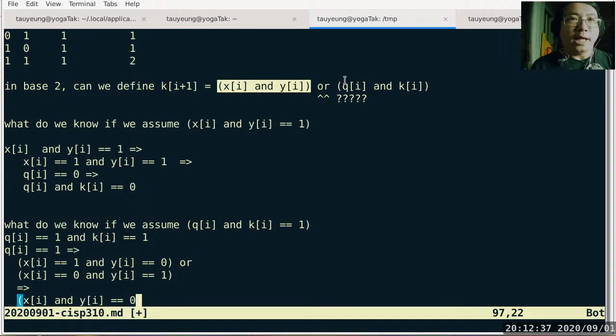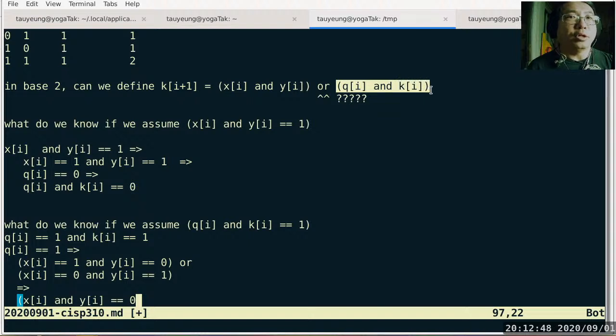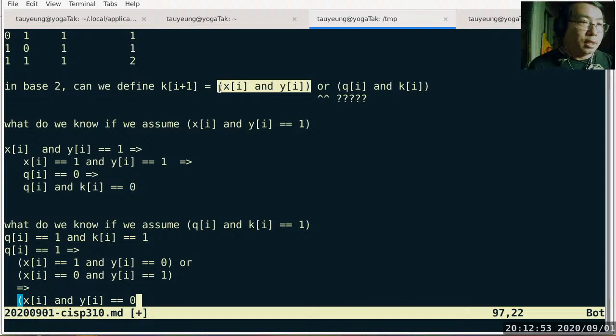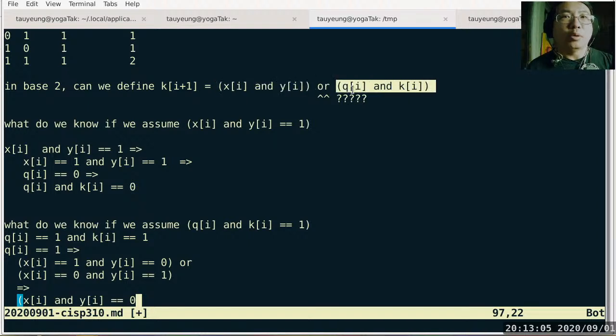Because we already said what happens when xi and yi is true: then this side cannot be true because Qi has to be a 0. Then we ask the question in the opposite way. We ask, what do we know if this conjunction is true? Then we also know this conjunction is going to be false. So that means they cannot both be true. When I said both, I'm referring to the left-hand side of the OR and the right-hand side of the OR in the proposed revised definition of Ki plus 1.